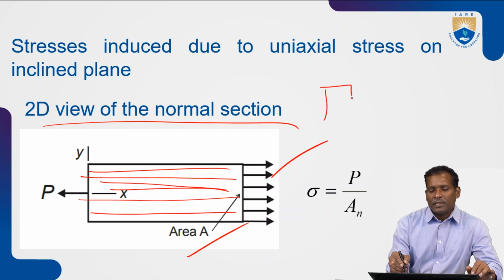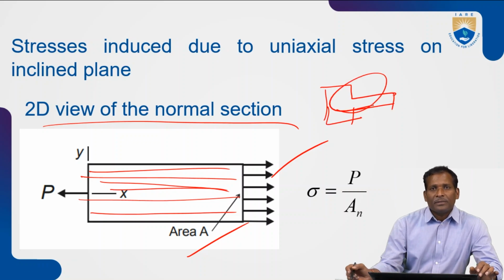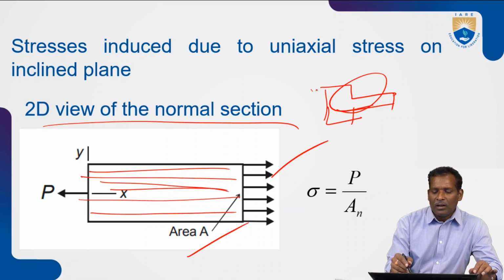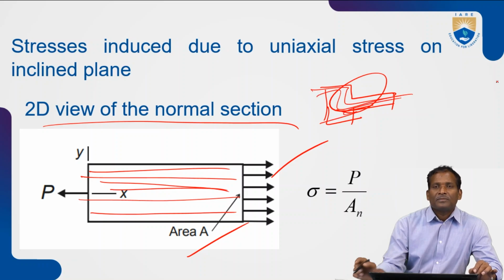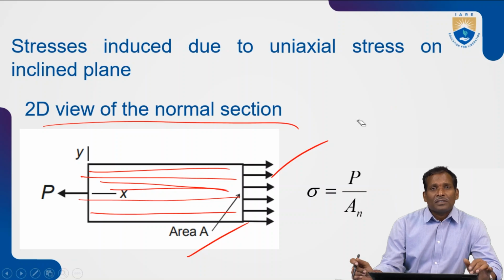Suppose the bar is like this. So there is irregularity, and the force distribution lines are not uniform. So stress concentration will occur at those sections. But in this case there is no stress concentration.